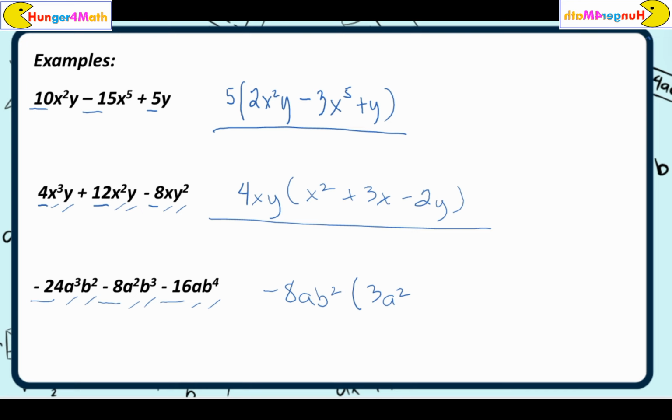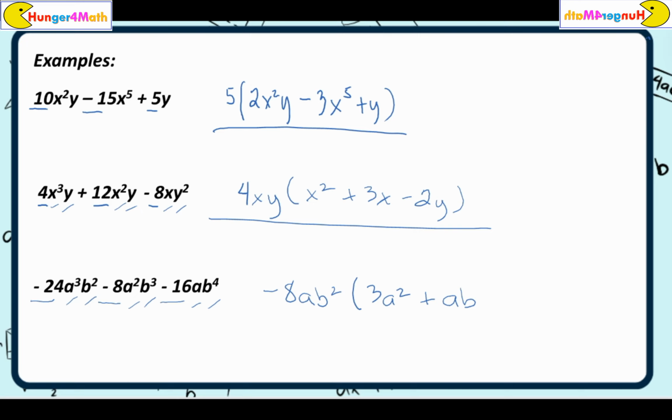Then negative 8 divided by negative 8 is positive 1, a squared divided by a is just a, and b cubed divided by b squared is just b. If you see here, I'm not writing the 1, because if I multiply by 1 it will still be the same, and it's not necessary to write the 1 unless the answer is just the 1 without a variable.